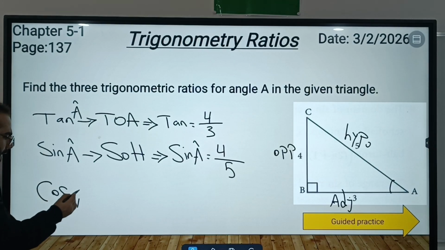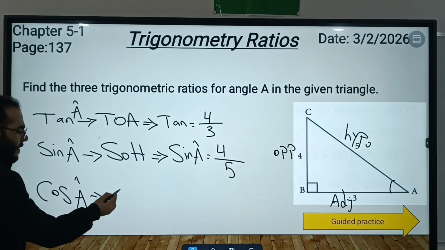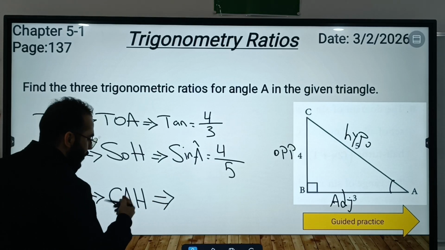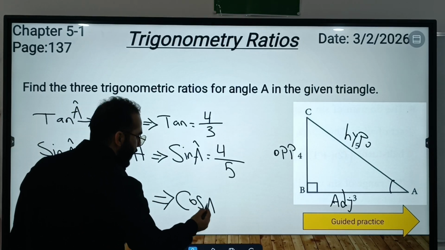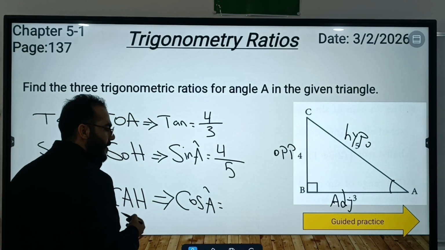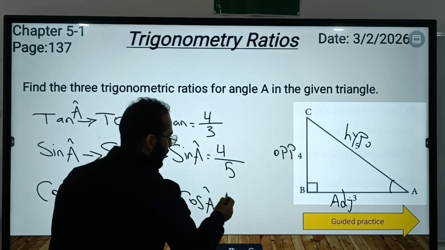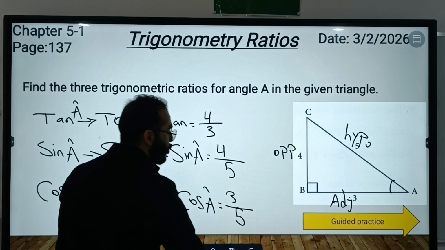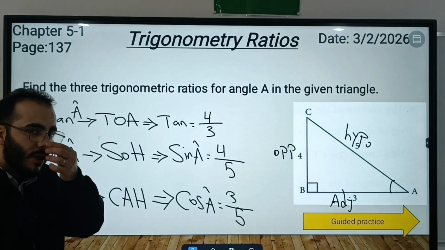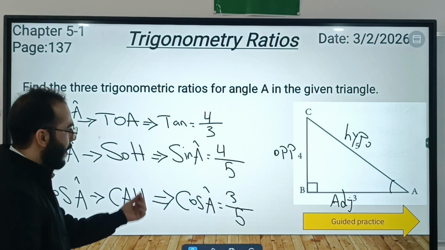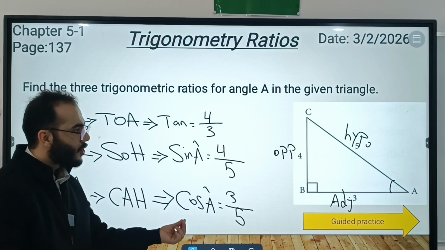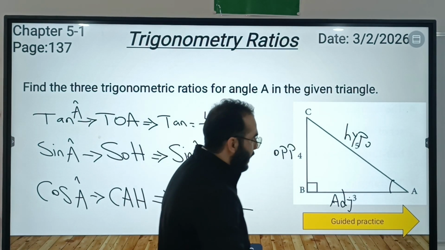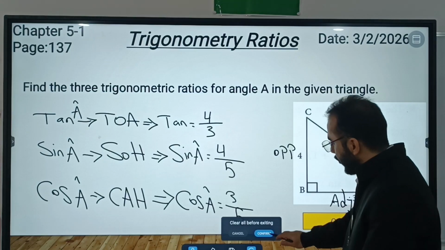For cosine of angle A, we use the word CAH, which is cosine of A equals adjacent over hypotenuse. What is the adjacent? 3. What is the hypotenuse? 5. So 3 over 5, which is 0.6 in decimal form. This is how we find trigonometric ratios regarding a right triangle. I hope that this is understandable.